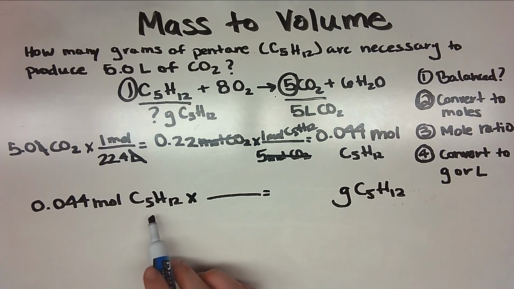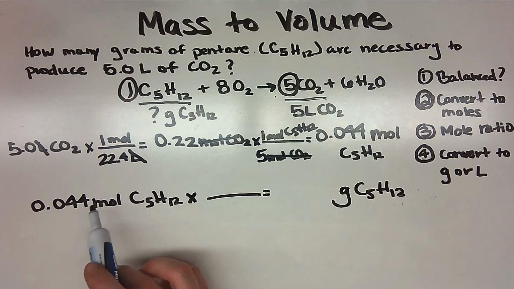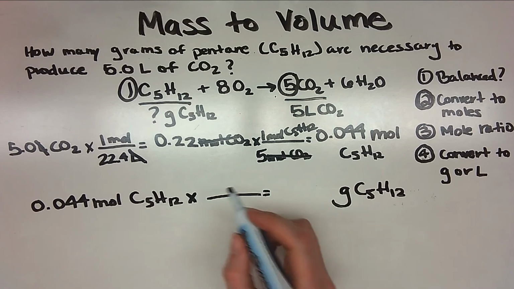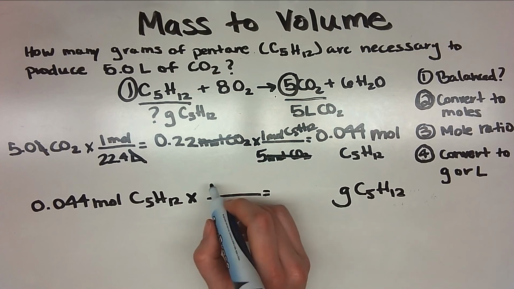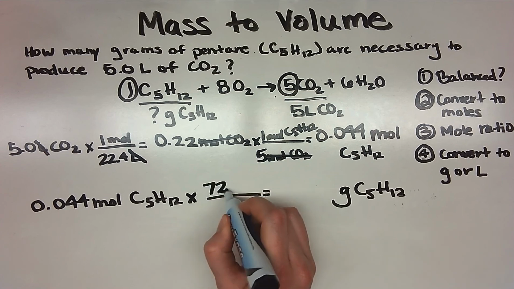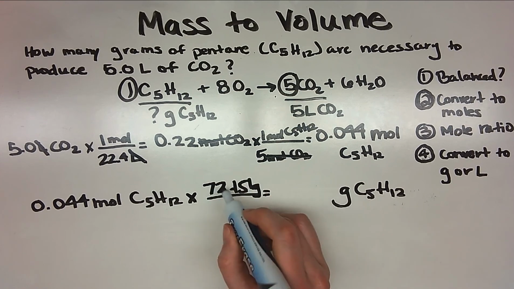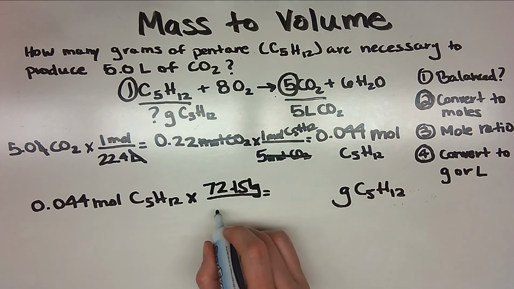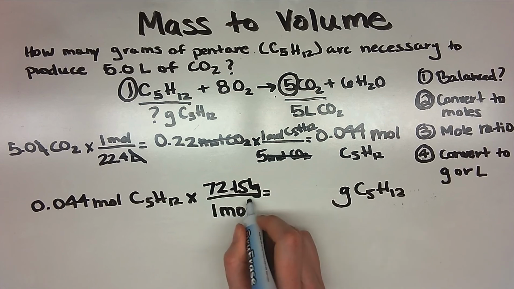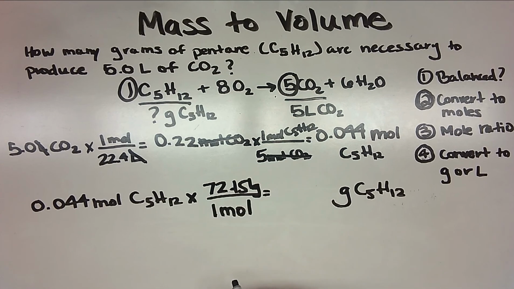Alright, so I need the molar mass of pentane. So to be able to go from mole to mass, I'm going to need molar mass. And I know that in 1 mole of pentane, I will need 72.151 grams. So there's 72.151 grams per 1 mole of pentane.